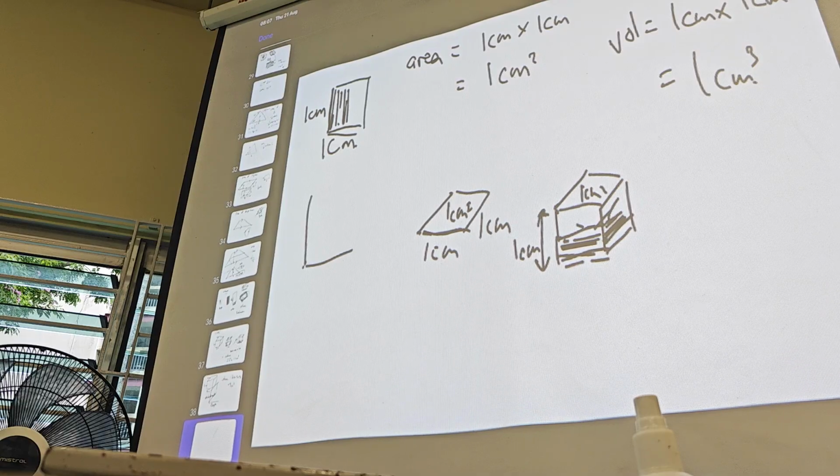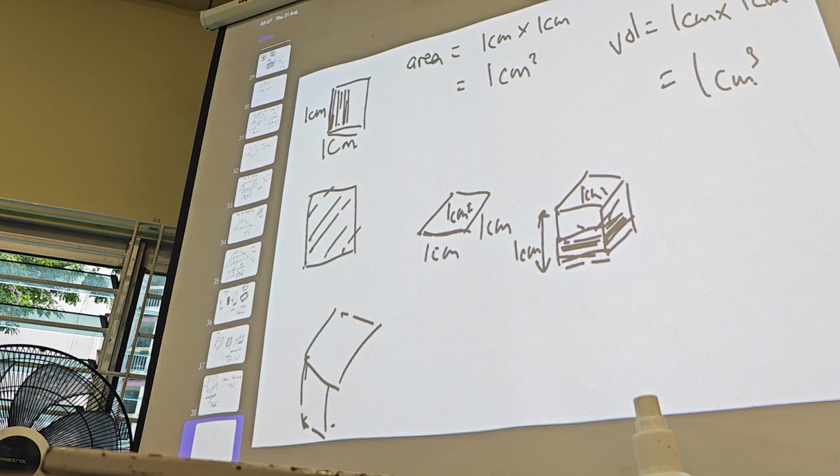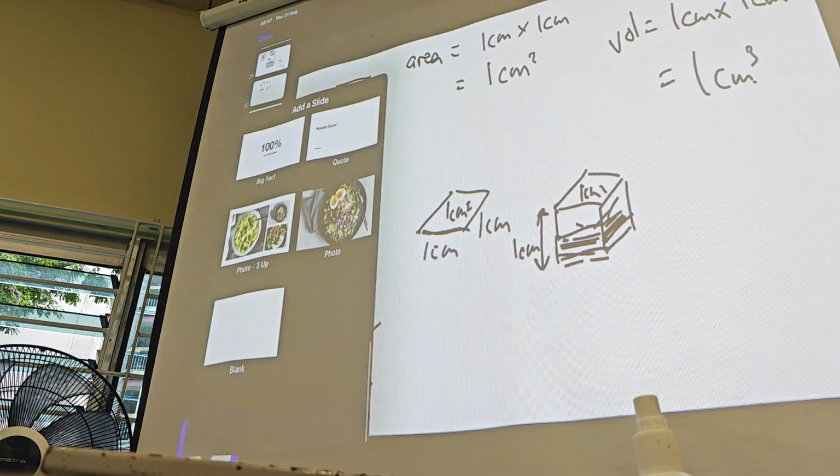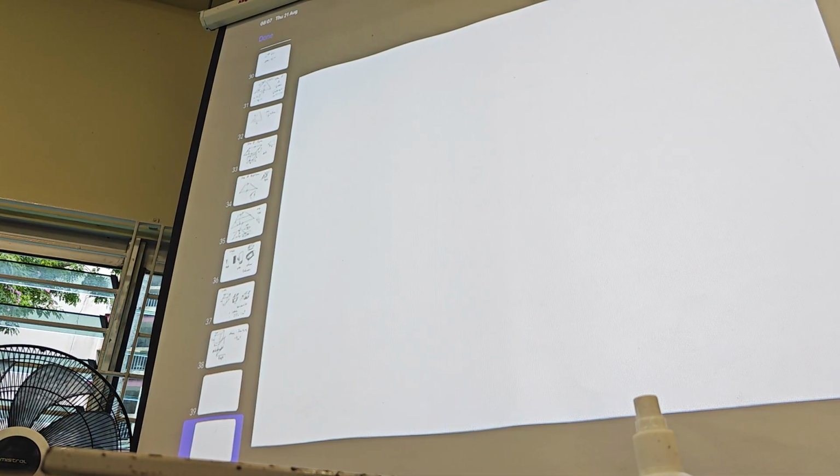When you have 2 lines together, it can form an area. Then when you keep stacking the area up, it forms a space, a volume inside. So that is the relationship between length, area, and volume. Okay. With that understanding, we can try some questions.